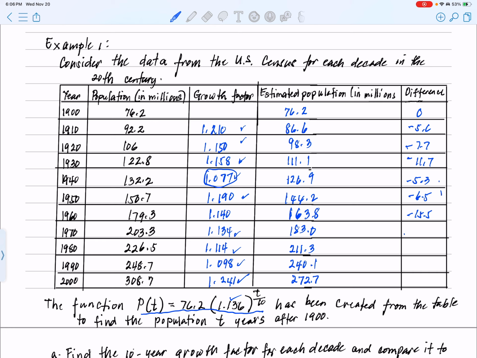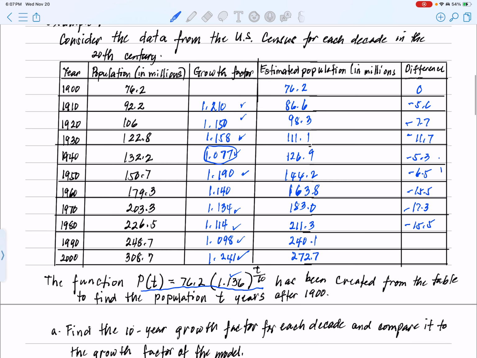All right. Then 211.3 from 226.5, we have negative 15.5. And 240.1 from 248.7, we have a negative 8.6. And 272.7 from 308, we have a negative 36.